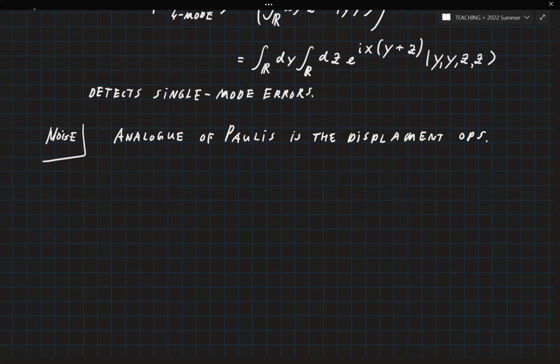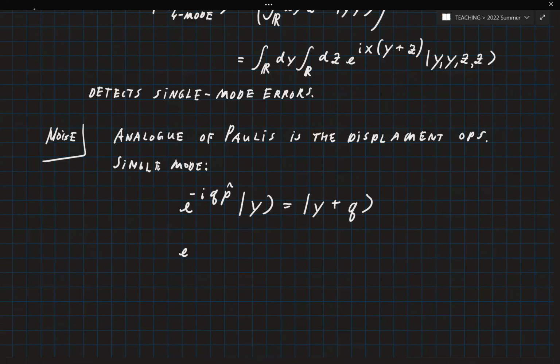So for a single mode, these act, I'm going to write them like this and explain them a little bit, but I'll tell you how they act. They act on a position state like this by, these are position shifts. They shift the position state.